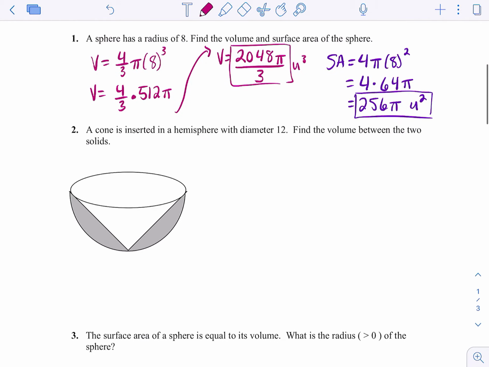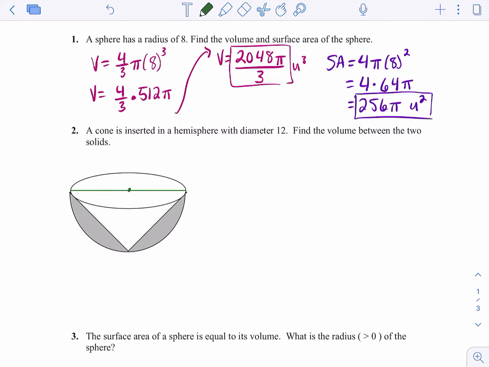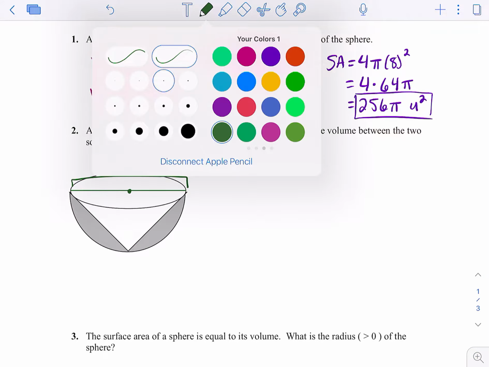All right, so next up with number 2, it says a cone is inserted in a hemisphere with a diameter of 12. So let's go ahead and draw that. And a hemisphere is half of a sphere. So we've got a diameter of 12, which means cut it in half. Our radius is 6. Find the volume between the two solids.